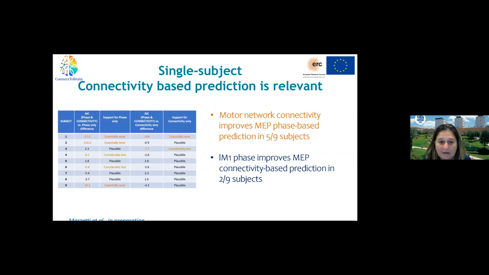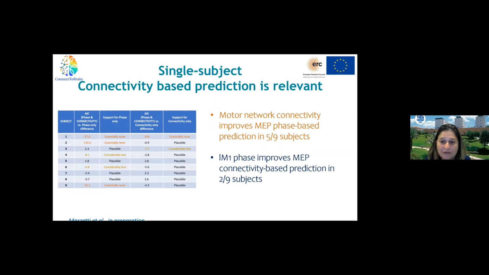And what we did was use a linear regression model to see whether both the phase and the connectivity were predicting the MEPs in the same way, or if one or the other could add something on top of the other measure.